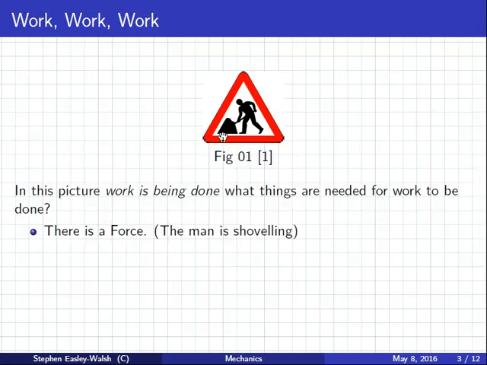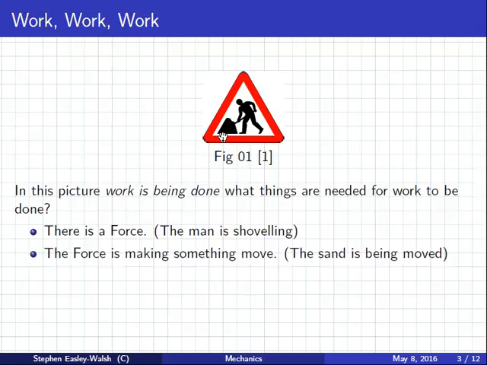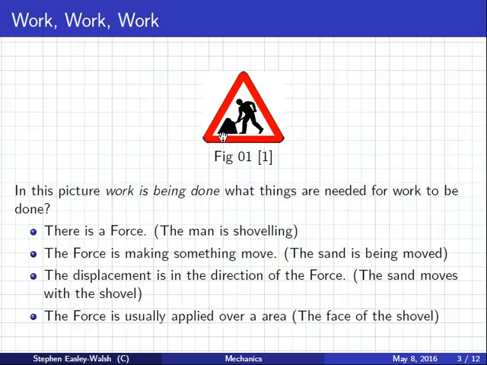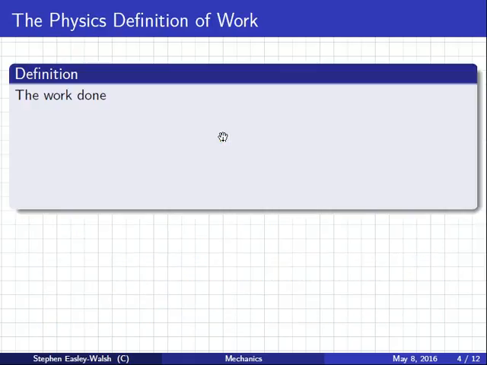So force making something move, and there must be some kind of movement. So really, it usually comes down to just a force and a distance to say that there's work being done.